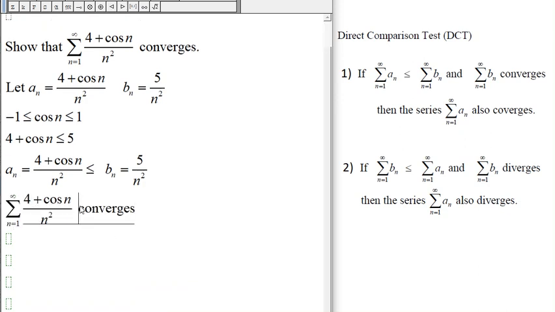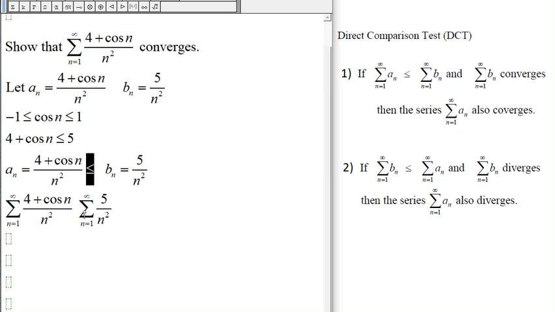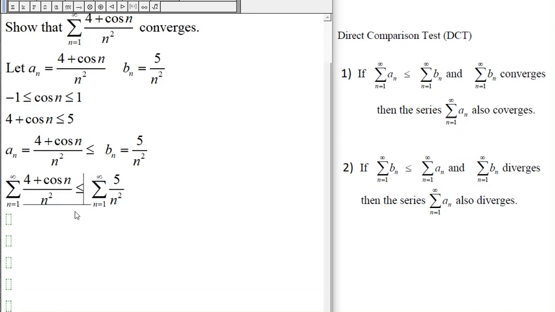And hence the given series will be less than or equal to the series b sub n. And so we have shown the first part, and now we also need to show that the series b sub n converges.